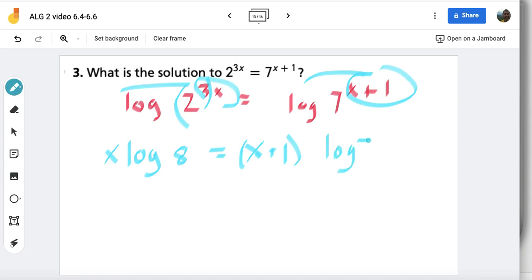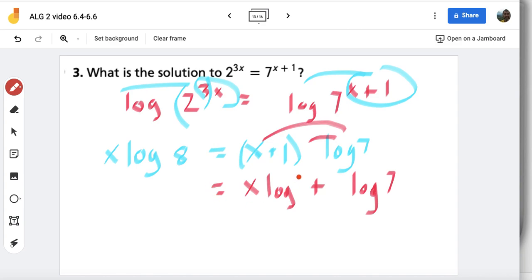So, to take a few more steps, I'm going to distribute the x. The x times that and the 1 times that. So I'm going to get x log 7 plus 1 log 7. And over here we have the same thing, x log 8.